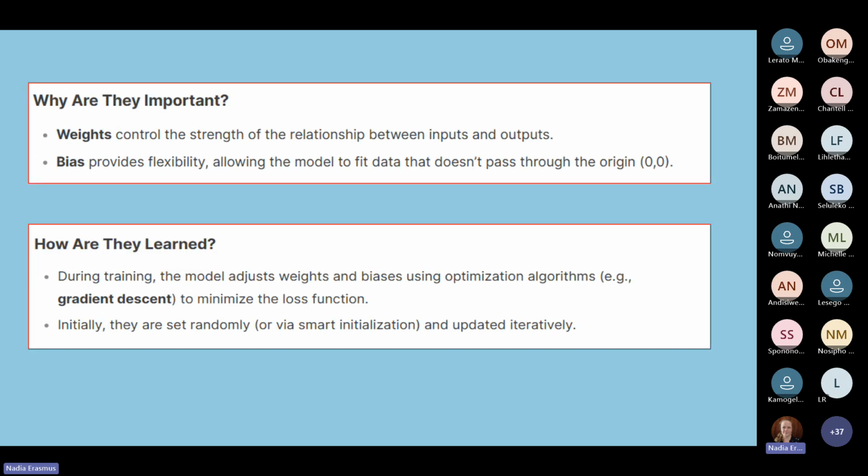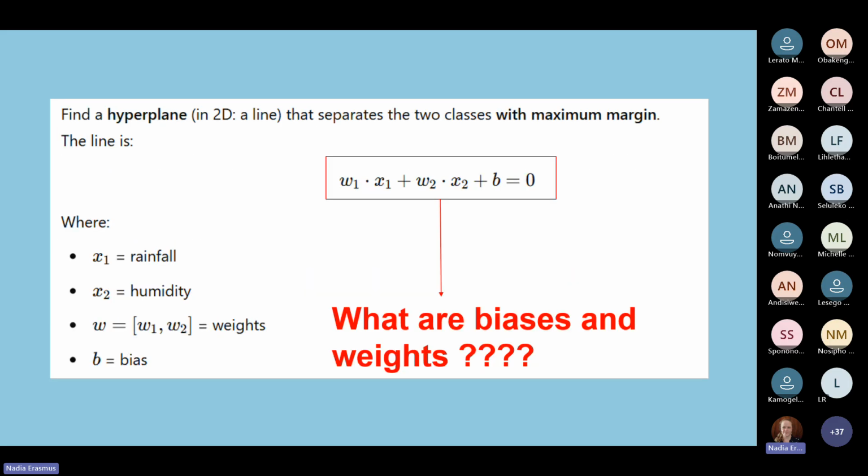So we have the weights as the strength of the relationship between inputs and outputs. So this one is also like a correlation, it's similar. So it's the strength of the relationship. In this case we have the rainfall, and the outputs, I'm not sure what the output is yet.